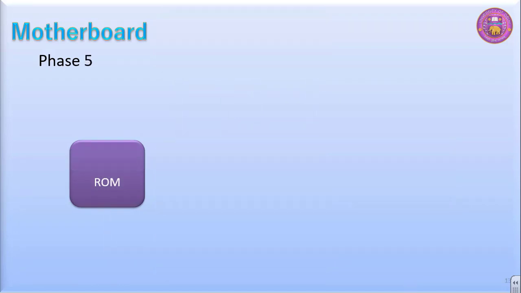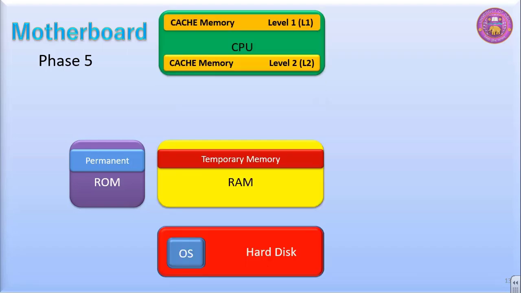This is phase 5. Some more technological advancement took place in phase 5. Now we know that there are two types of memories within the CPU, and that is cache memory level 1 and cache memory level 2, or we can call them L1 and L2.